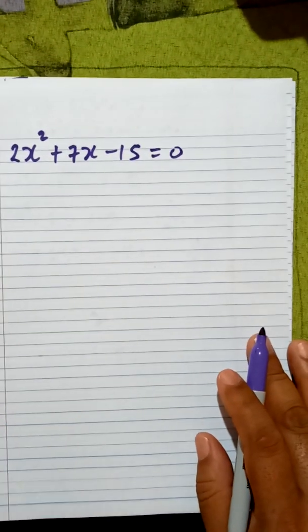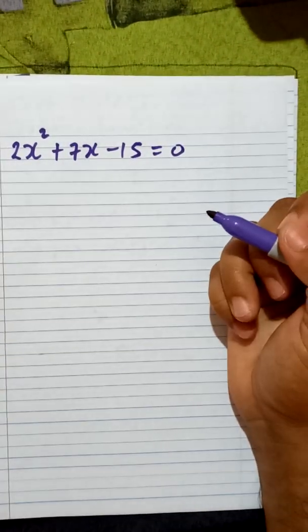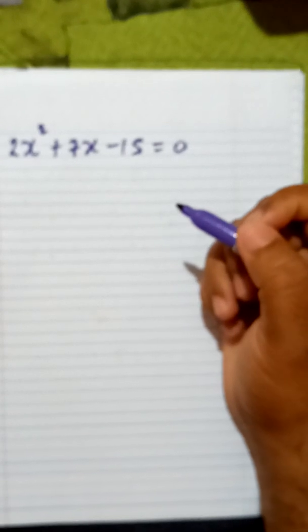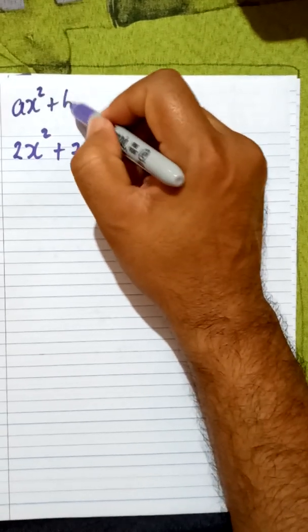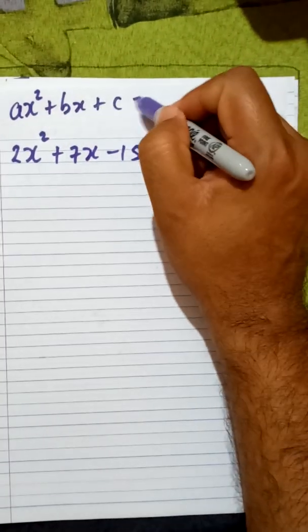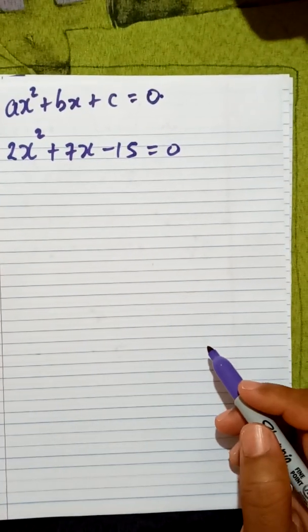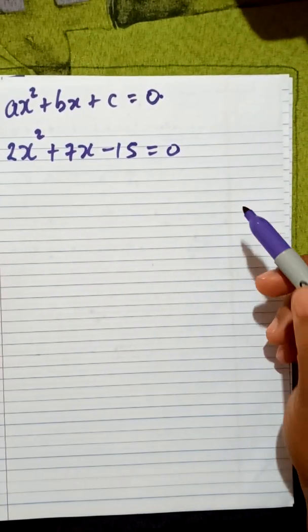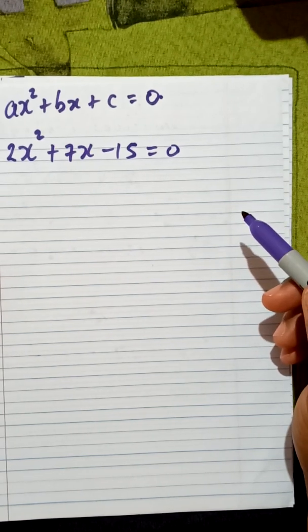Now ladies and gentlemen, do you realize that this is a quadratic equation? Because the general format for a quadratic is what? ax squared plus bx plus c equals 0. Now, we're going to use the quadratic formula to solve this equation.